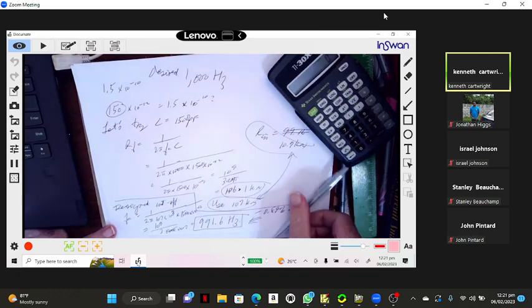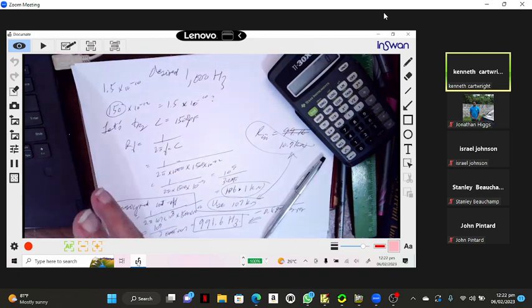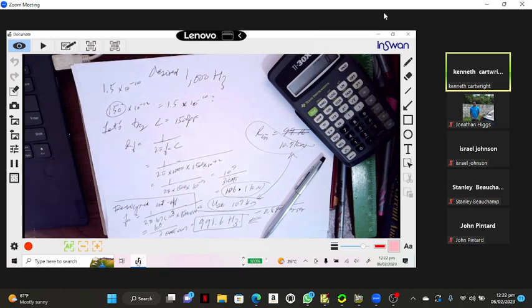And why some of you didn't do that, I don't know. But fortunately for you, I didn't put any error criterion on the gain. I should have said the gain must be within plus or minus 1%. And some of you would have failed the design.